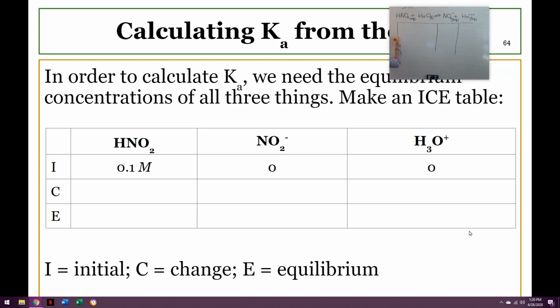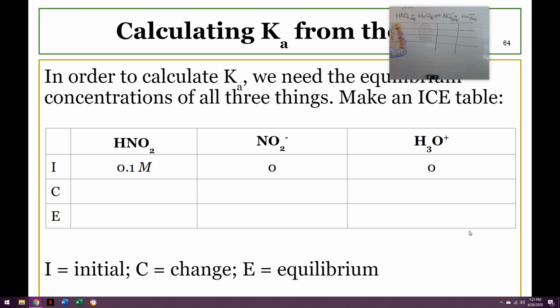So we don't need to use water at all, just like we don't have it in our Ka equation. So I stands for initial, C stands for change, and E stands for equilibrium. We don't have water at all in the math. We can just ignore it.